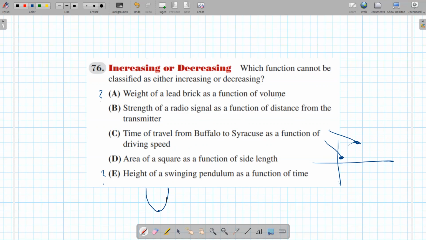Yeah, if you're looking at one spot in time, what if you look at the entire thing though? Yeah, true. Then it would change, right? Area is always gonna go up as the side length goes up, but here, this is gonna turn, I think it's E. So E? Yeah, because there's a turning point, which means the slope is 0 at the bottom. Yeah.